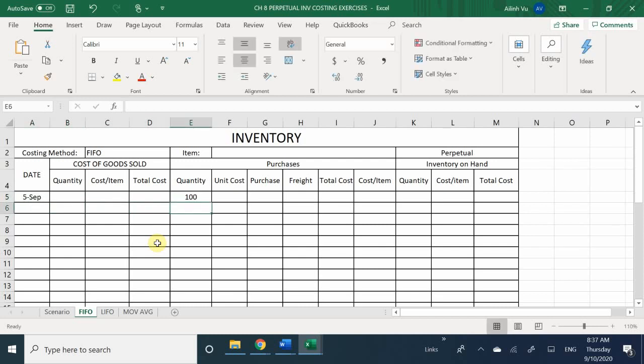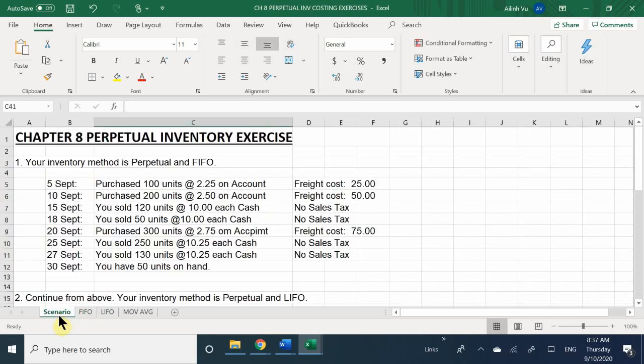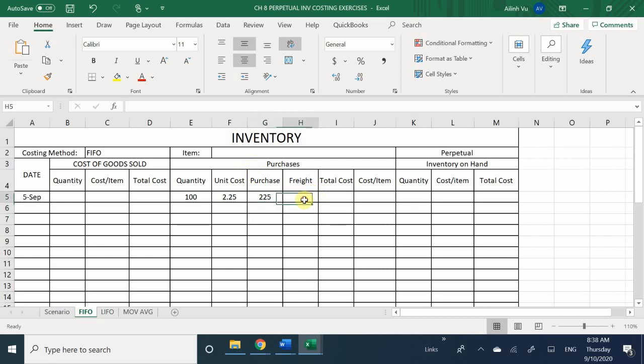Purchases, quantity 100, 225. Freight was $25. All right, I'm going to change these to comma style.